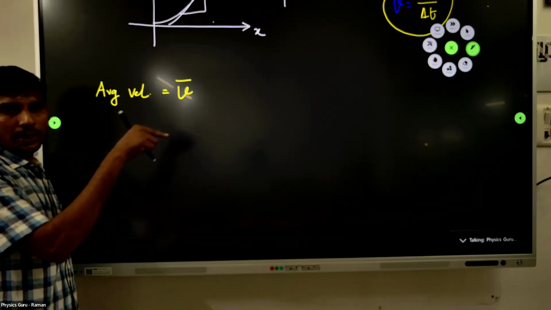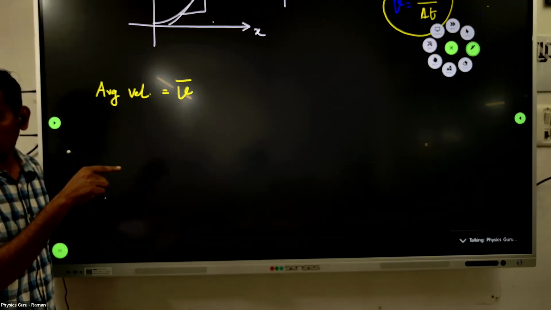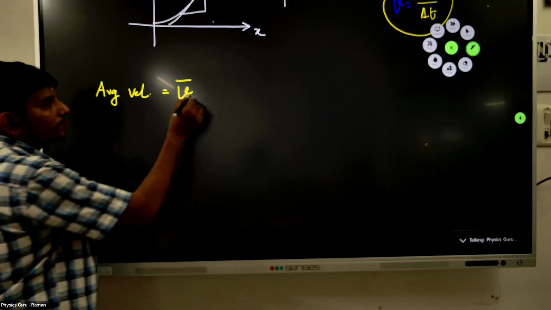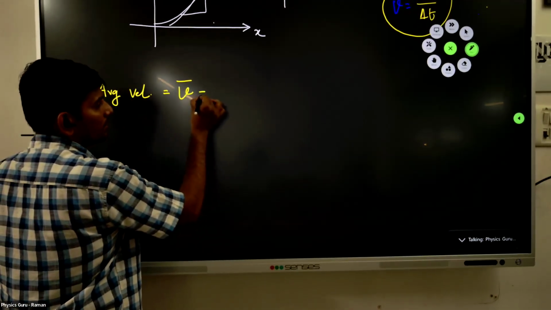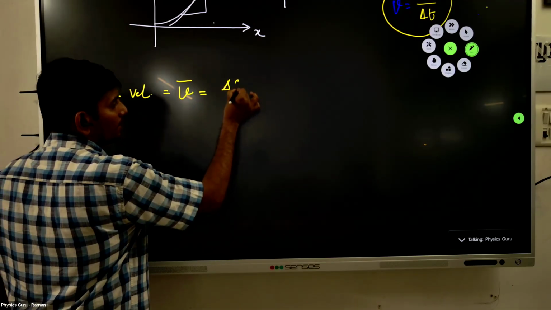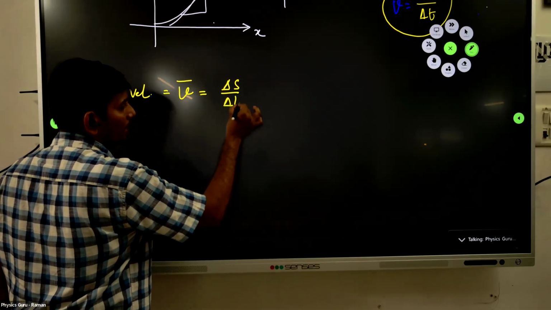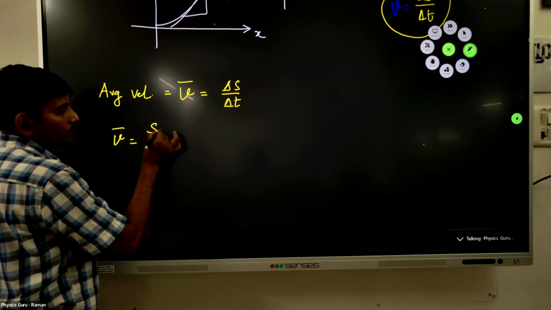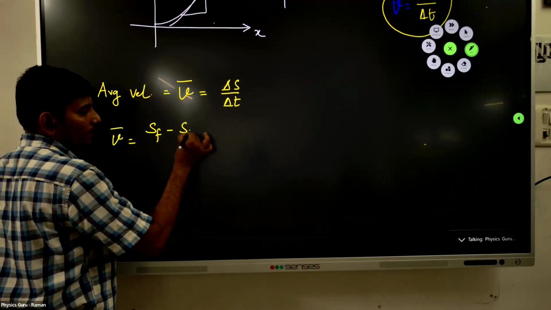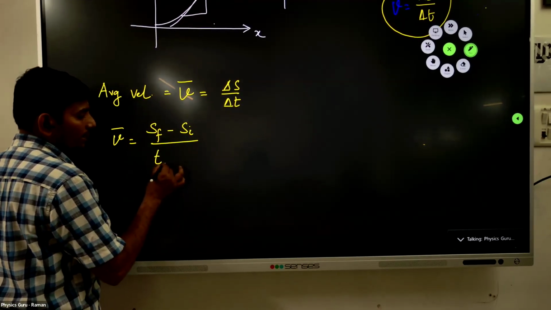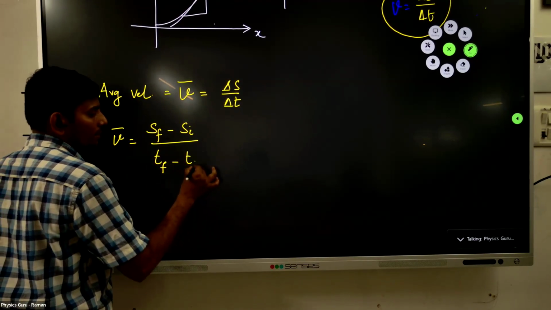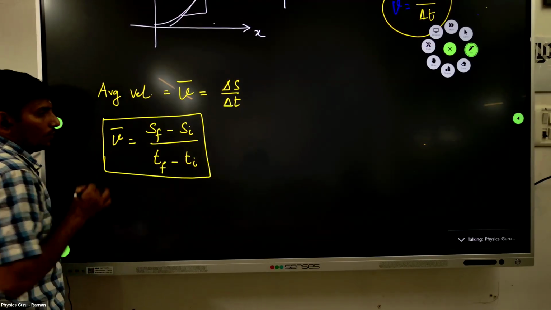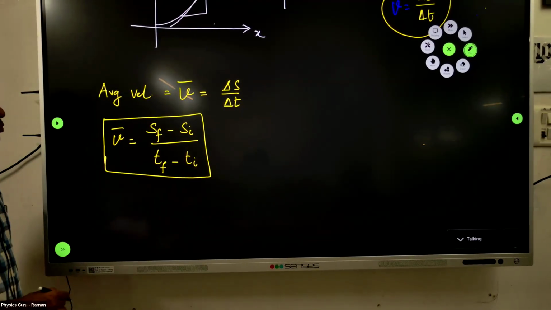S bar, what do we read? Average displacement. A bar is average acceleration. Fine. So average velocity is given by delta S divided by delta T. The same thing can also be written as displacement final minus displacement initial divided by time final minus time initial. So this gives me average velocity. This is one form, sir.